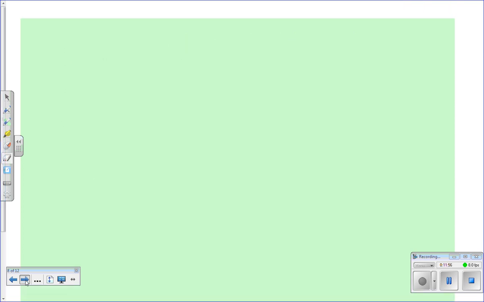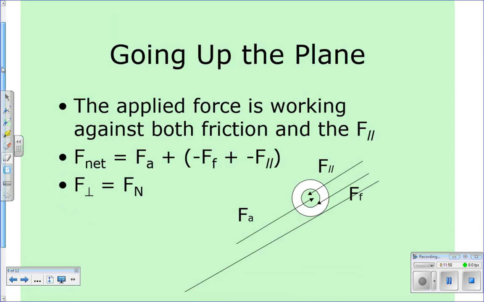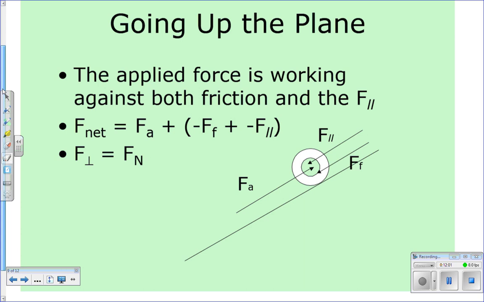On the other hand, if an object is being pulled up an inclined plane, the parallel component of its weight is still acting down the inclined plane. It's kind of like when you pick an object up vertically, the applied force upward is being worked against by the object's weight downward. But when you pull an object up an inclined plane, your applied force is going up the plane. You're pulling or pushing, and the parallel component of its weight is still acting down the inclined plane.